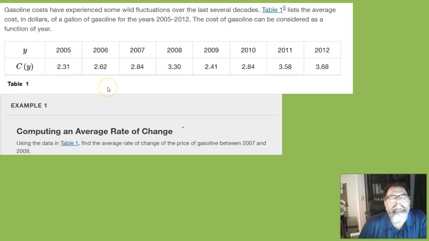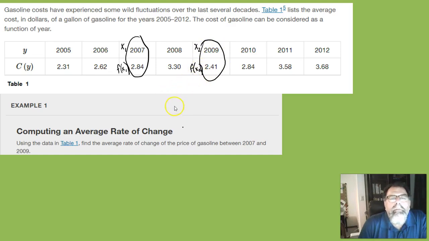We want to find the average rate of change between 2007, so this will be our x sub 1, f of x sub 1, or actually it would be C. I'm changing my variables to x and f of x. And then 2009, so this would be my x sub 2, f of x sub 2.